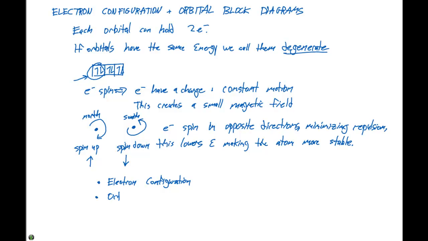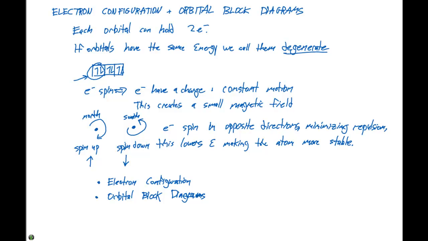The block diagrams also tell us how many electrons are in a particular orbital, and it's also going to tell us which particular orbital they're in. So the block diagram will give us a little bit more specific information.